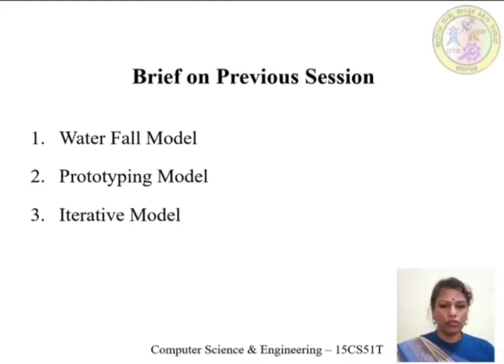That is the disadvantage of the waterfall model, because there are so many applications or projects where it is very difficult to understand the complete requirements at the beginning itself. So for those types of projects or applications, we are going to use the prototyping model.